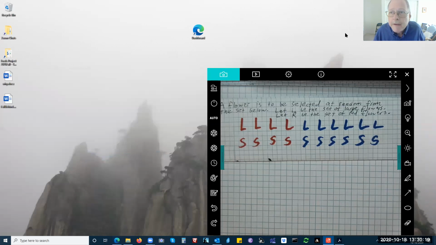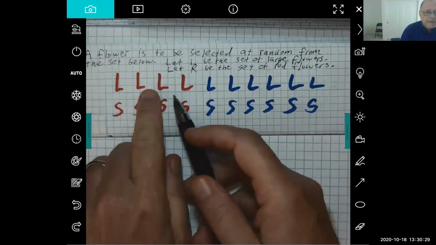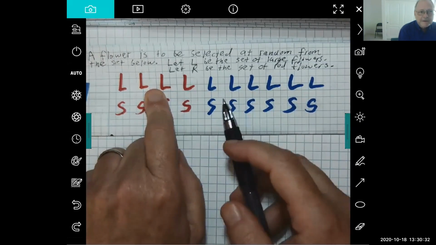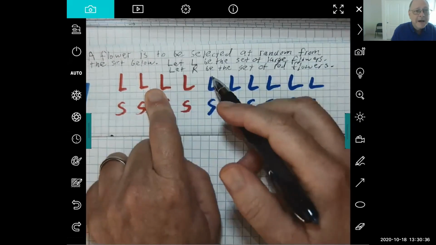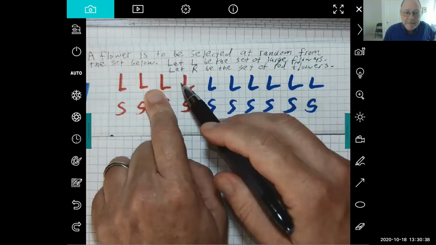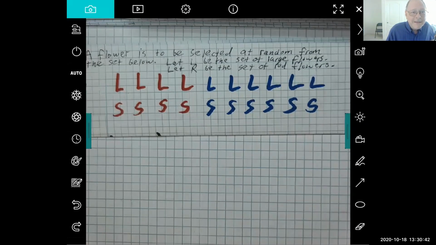So, we have some flowers. Let's say your flowers are out in a field, and you're going to go out there blindfolded, and you're going to spin around a lot until you don't know where the flowers are, and then you're just going to kind of feel around until you get a flower.